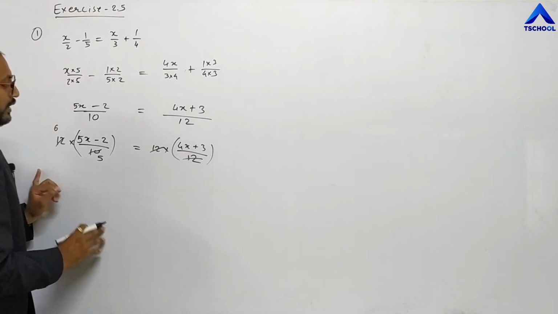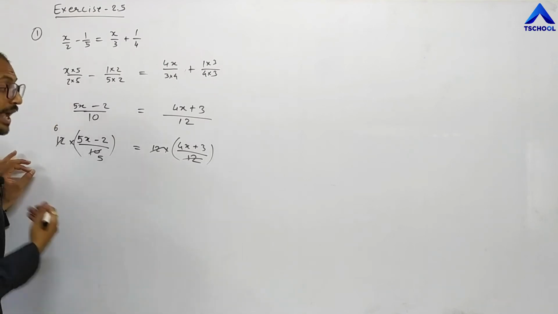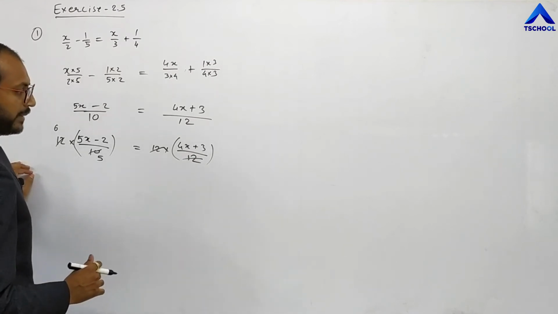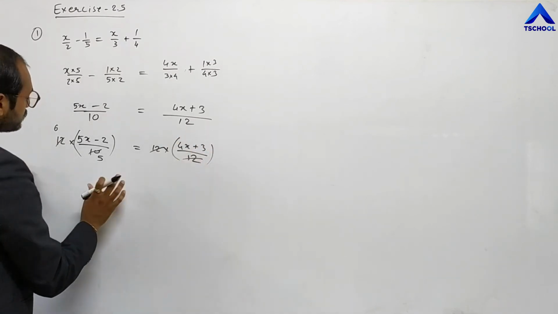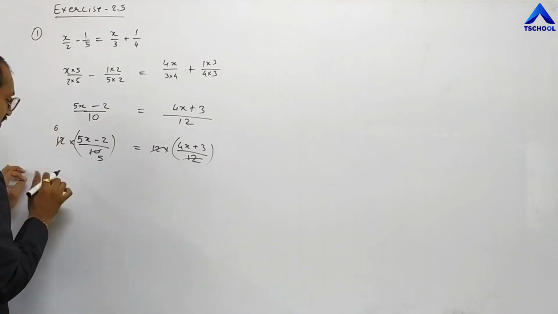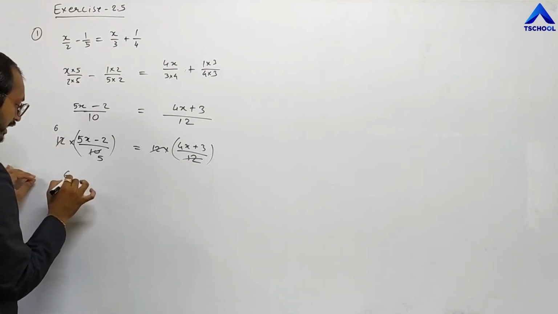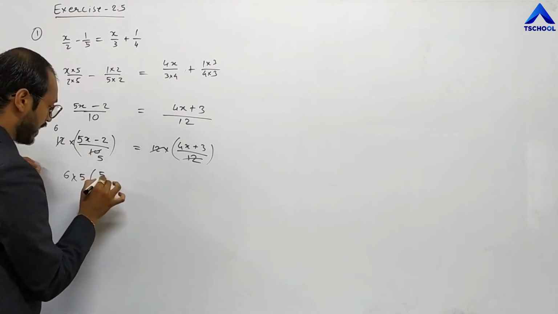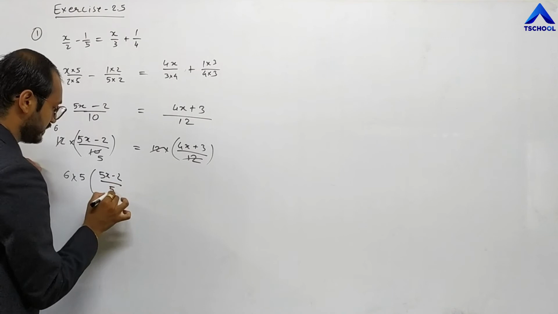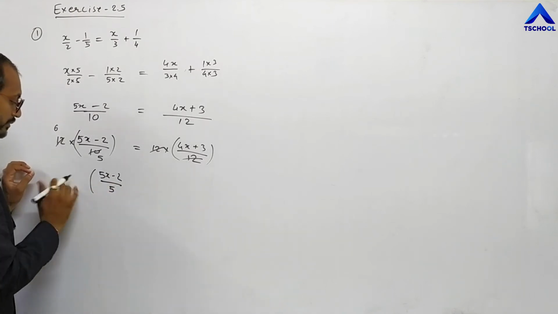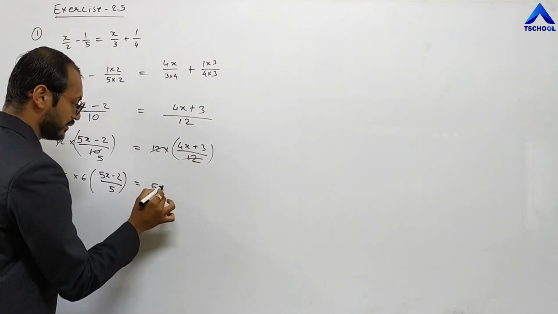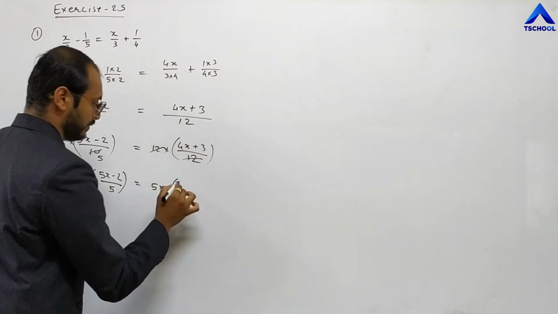Now multiply by 5 on both sides. Here the 6 remains, and we multiply by 5 on both sides. What remains is 5x minus 2 as it is. We are multiplying by 5 on both sides to remove this 5.